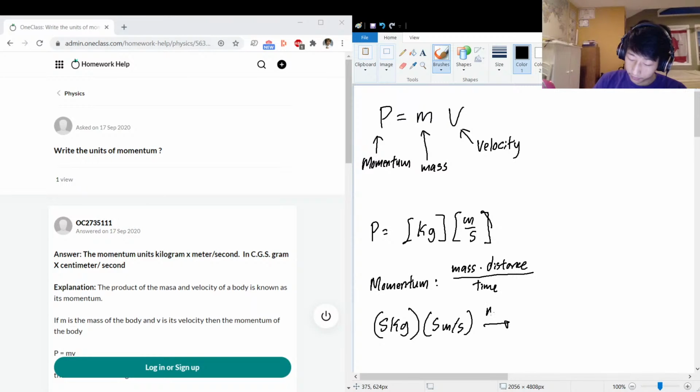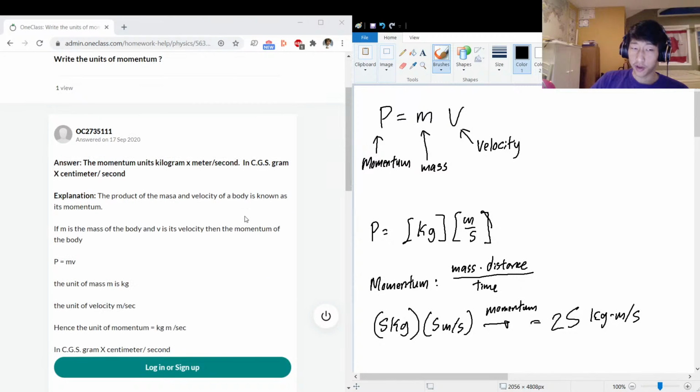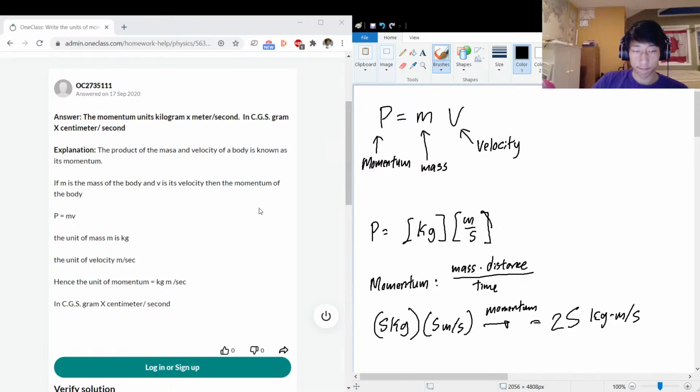The momentum is equal to 25 kilogram meters per second. Okay, so units of momentum is you're going to have mass times the distance, all of that divided by a time. Typically kilograms, meters, and seconds if you're in SI. Slugs, feet, and seconds if you're in the more imperial system.